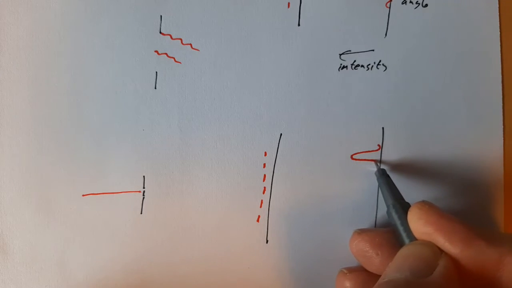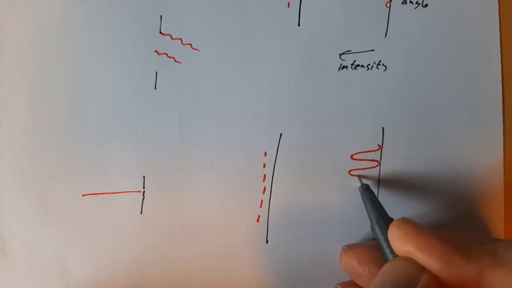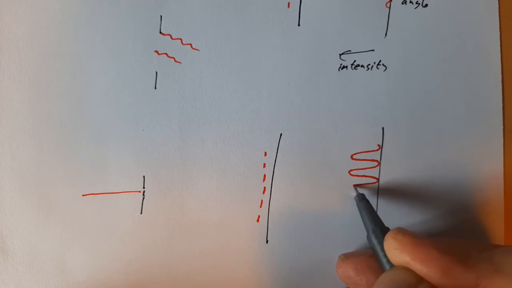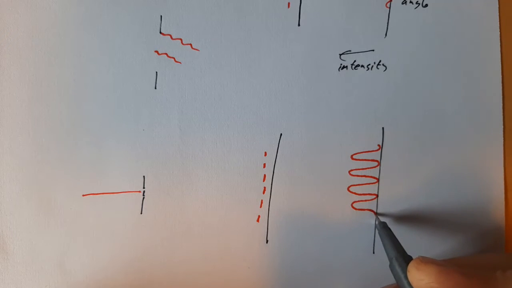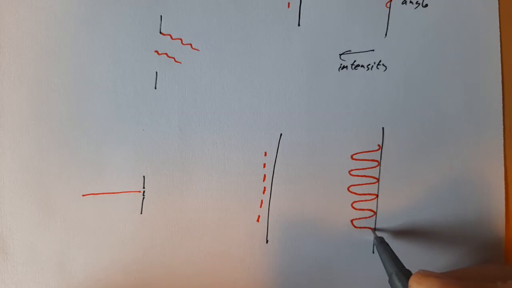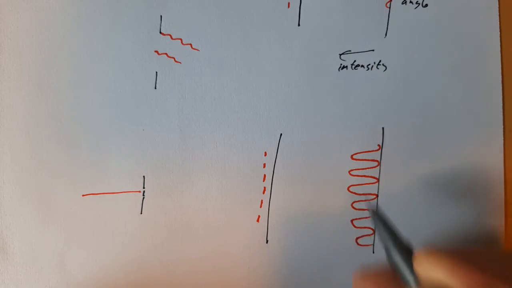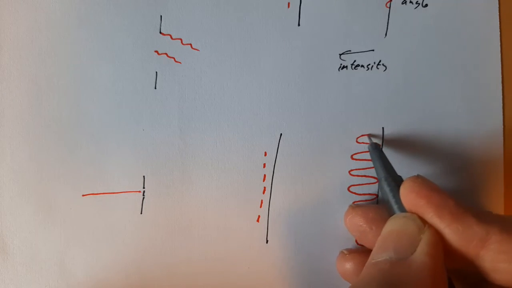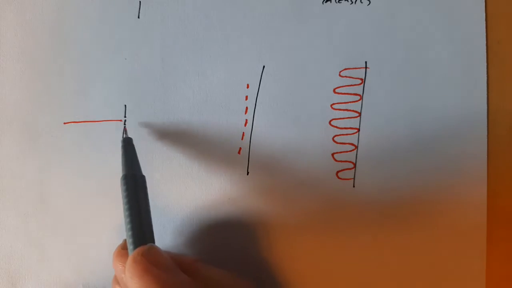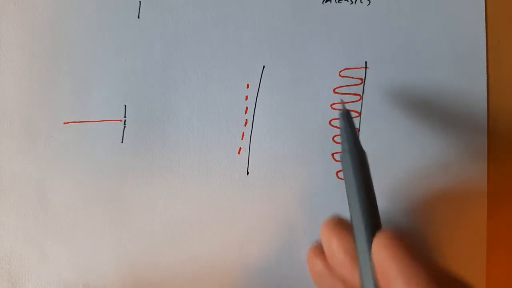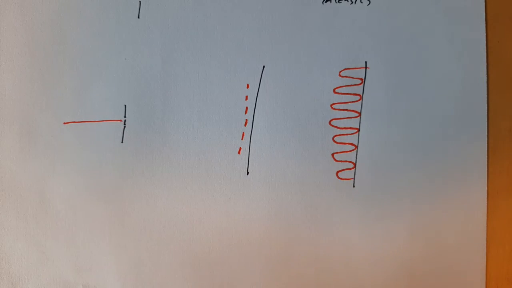If you're a mathematical person, what I'm trying to draw here is a sine squared graph. Now, in the idealized perfect case, that's what the graph would look like, and that's where each slit is very, very thin, and we get a huge amount of diffraction and spreading out.